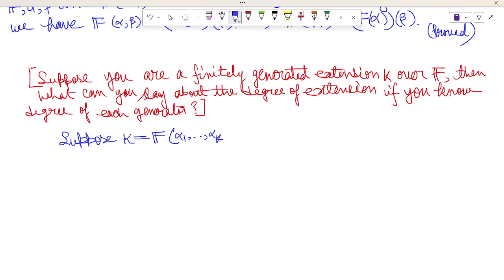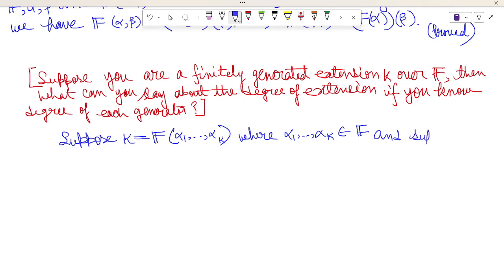Suppose I have attached elements alpha k, where alpha k belongs to the extension F, and it is a finitely generated extension.